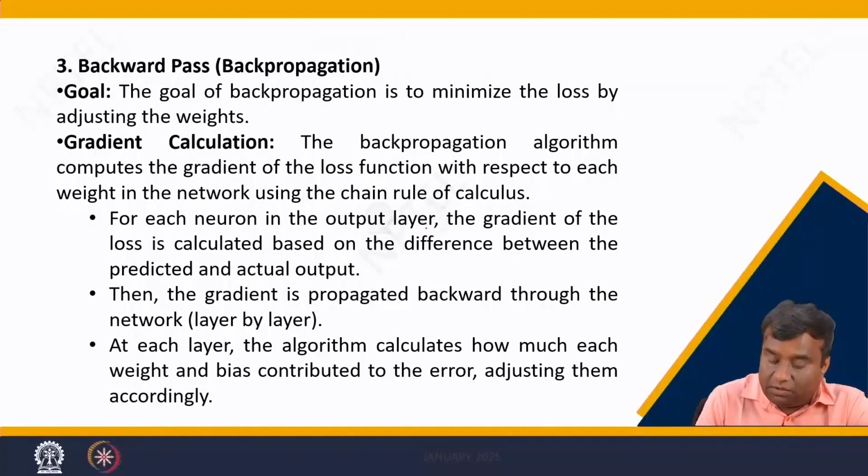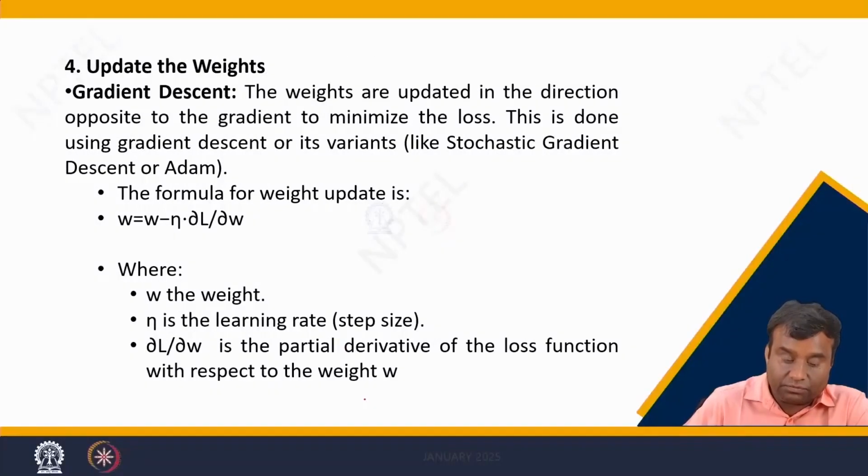For each neuron in the output layer, the gradient of the loss is calculated based on the difference between the predicted and actual output. Then the gradient is propagated backward through the network layer by layer. At each layer, the algorithm calculates how much each weight and bias contributed to the error, adjusting them accordingly.